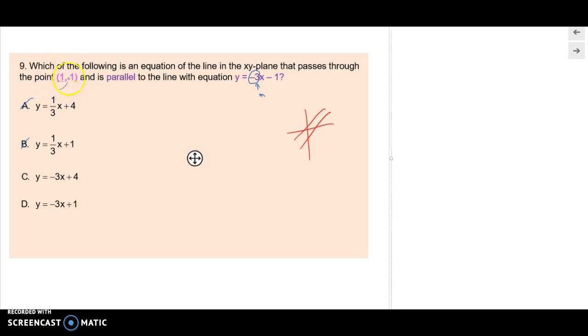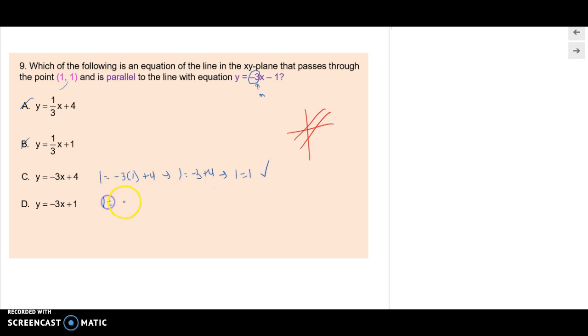So when I plug 1, comma 1 in here, so I'm going to plug in 1 for y and 1 for x, what I'm going to get is 1 equals negative 3 plus 4, which gives me 1 equals 1. That's a true statement. So I'm thinking it's probably C, but let me just verify that it's not D also.